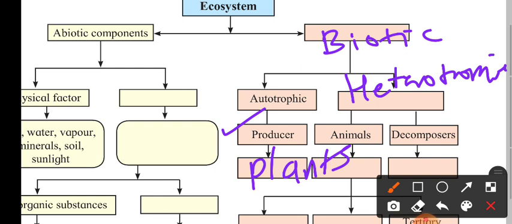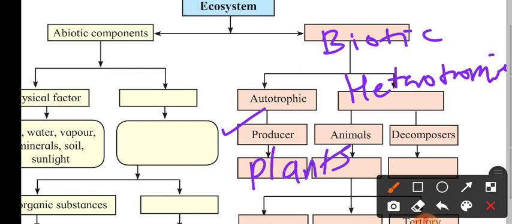It may be crops in the field, plants, or a tree, anything. Whichever greenery you are observing around you, they are part of the autotrophic biotic component of an ecosystem.